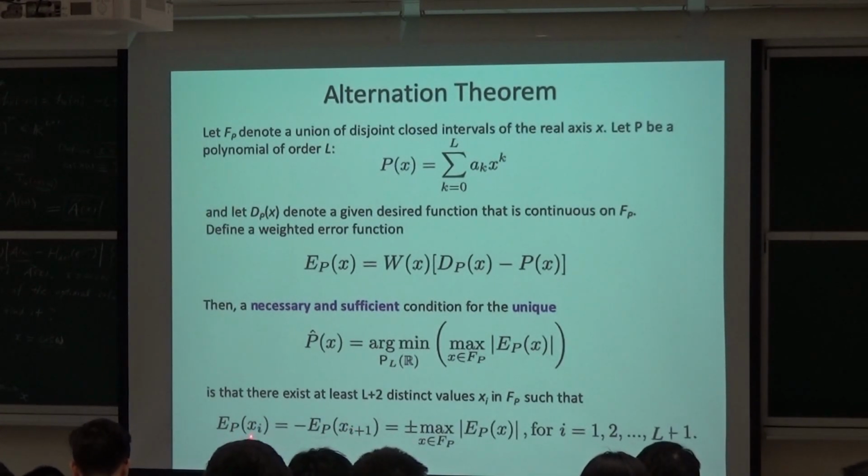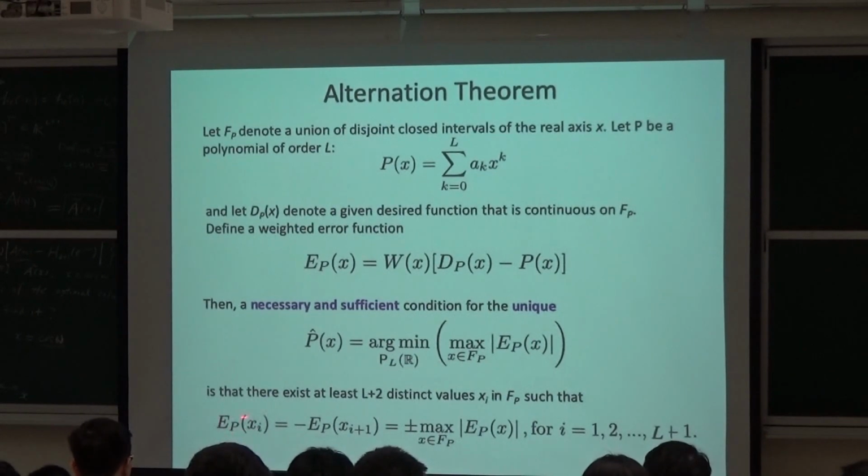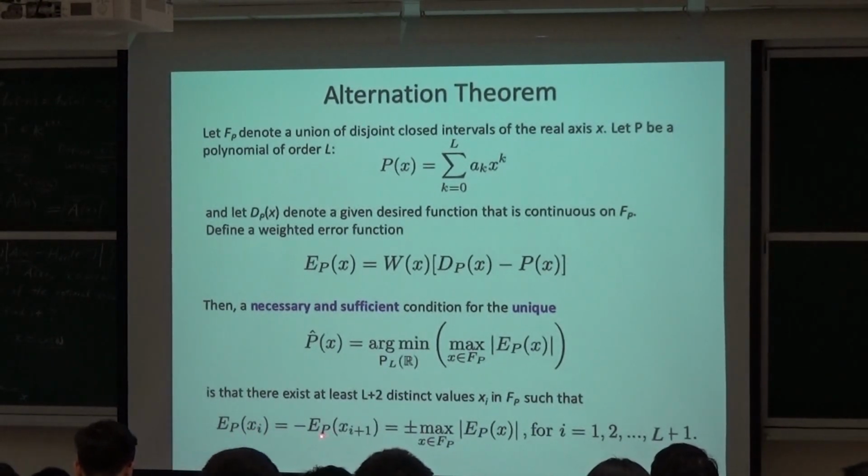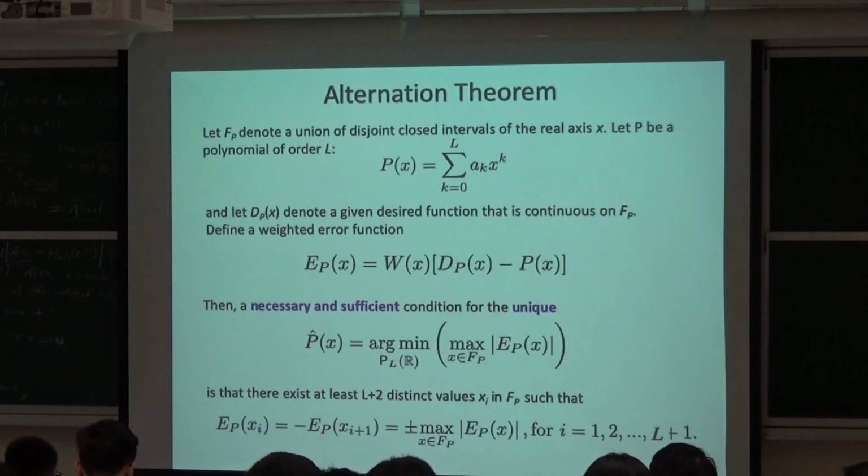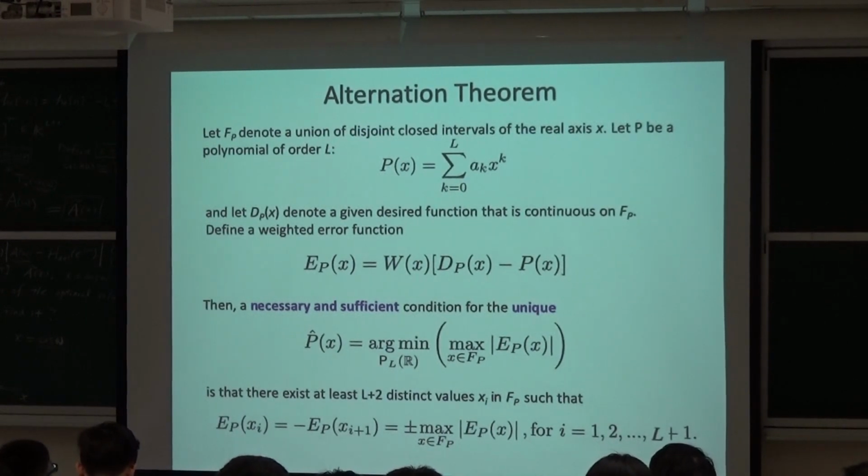At one point it is the plus maximum error, and the next point will be exactly minus maximum error. These are called the alternating points.